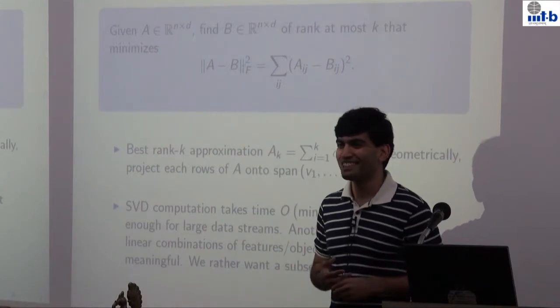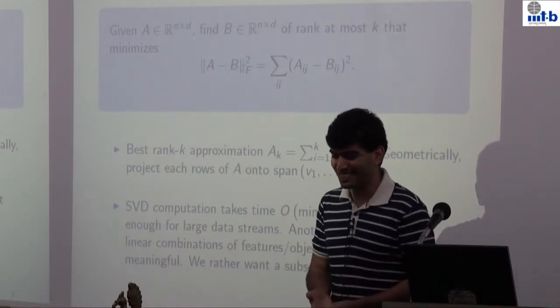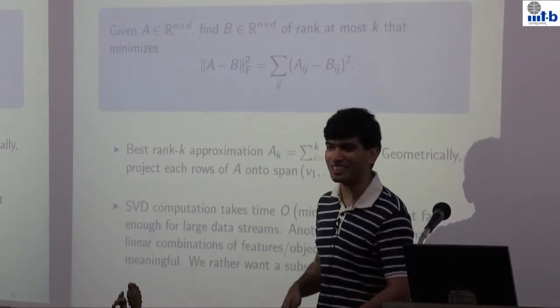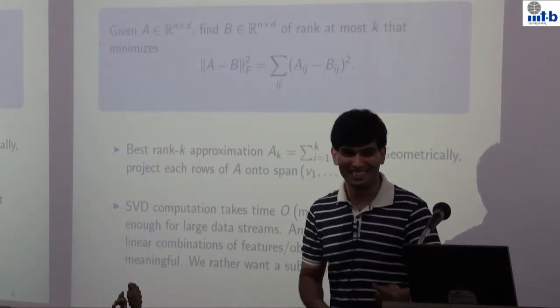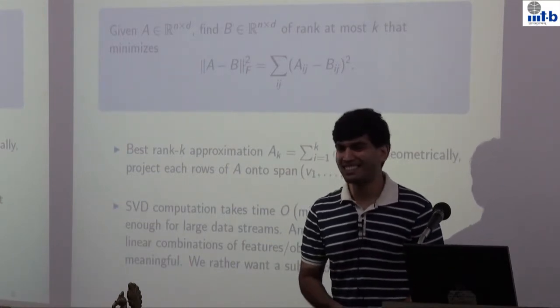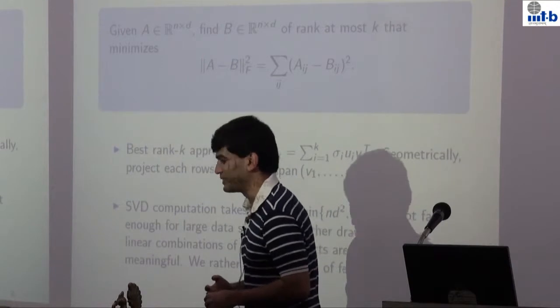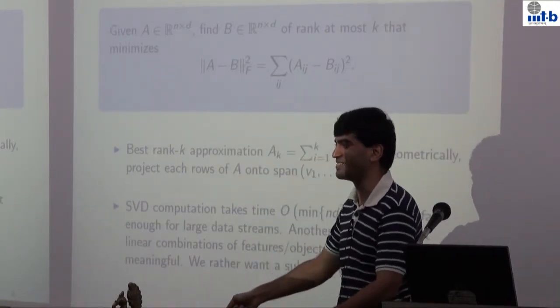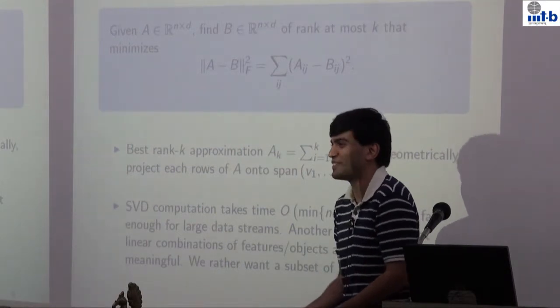If you tell a biologist that I will give you a million genes and this particular linear combination of them causes this disease, that information is useless for them. Which gene exactly is what they want. What they want is a subset of genes, not a linear combination with these coefficients. They cannot do anything with that.